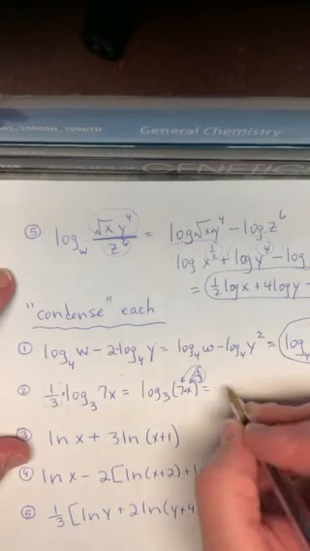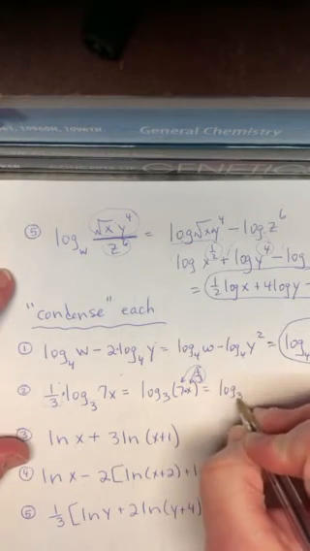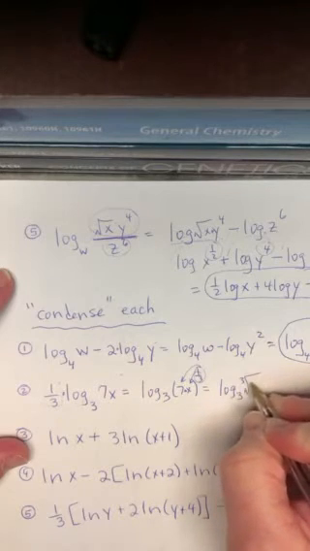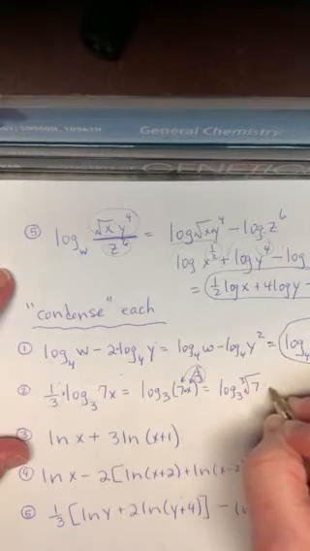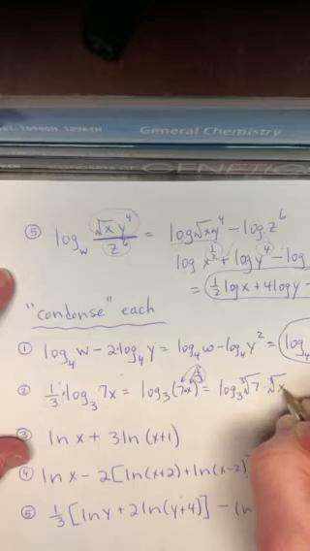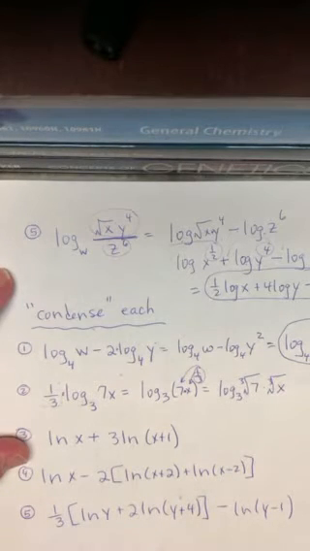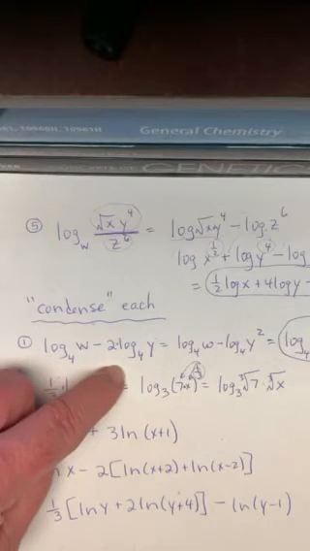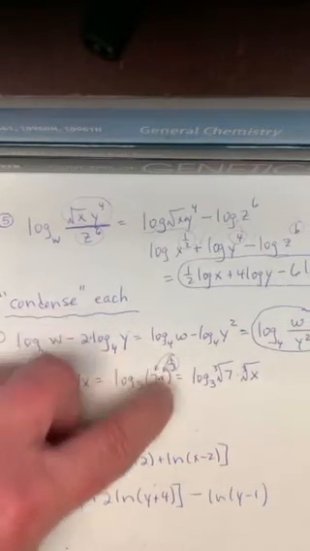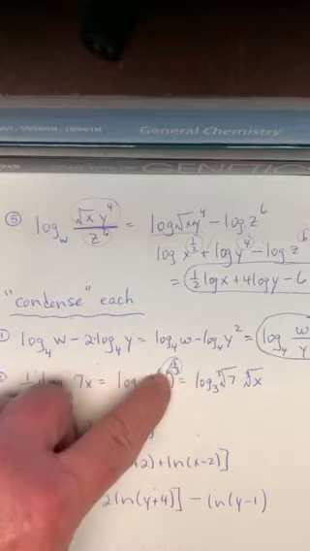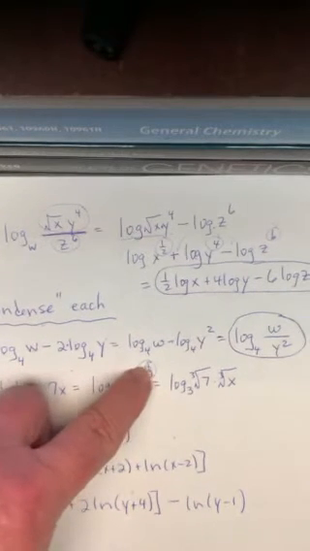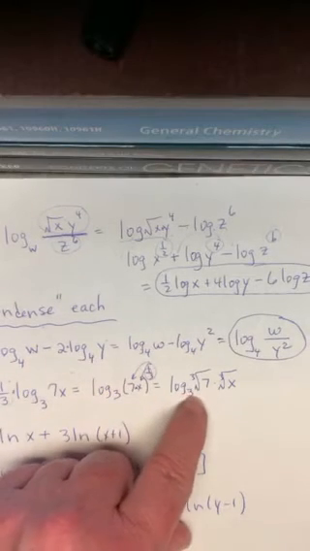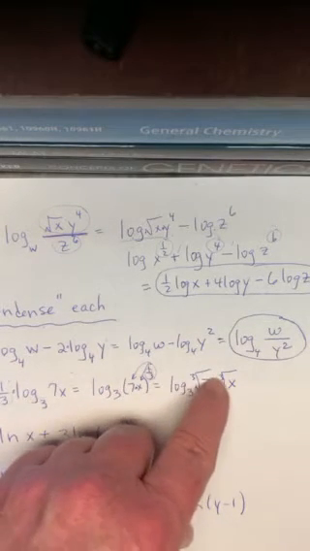So technically, this is the log base 3 of the cube root of 7 times the cube root of x. Does that make sense? Again, the 1/3 became a power. Now that it's up there above both of these, they're each raised to that power. But since a 1/3 power is a cube root box, this is really log base 3 of the cube root of 7 times the cube root of x.